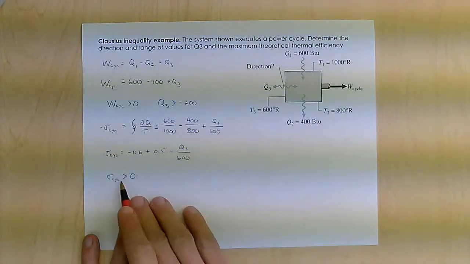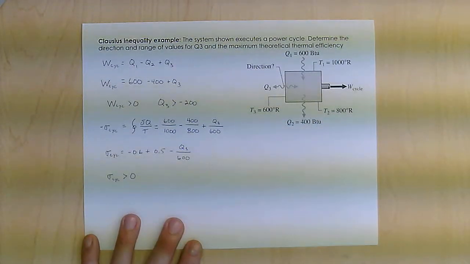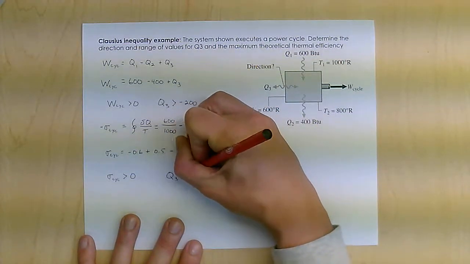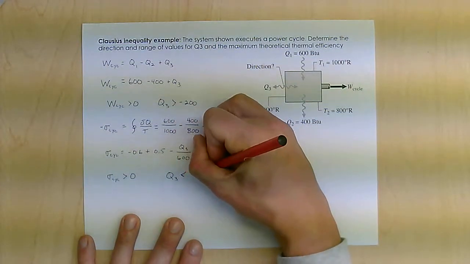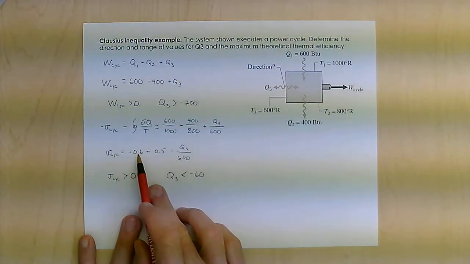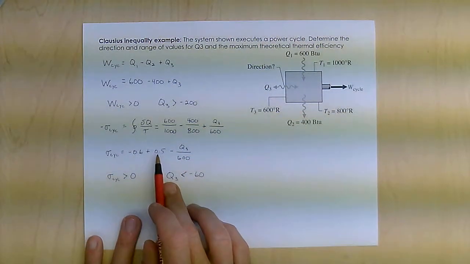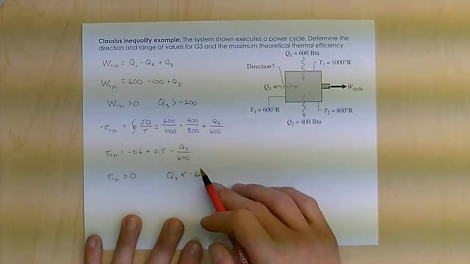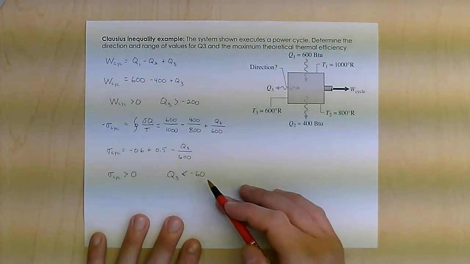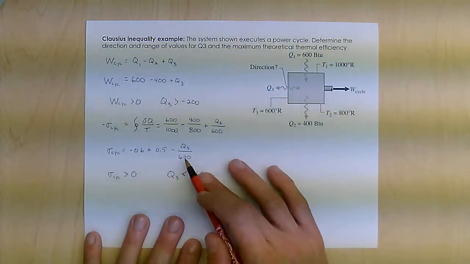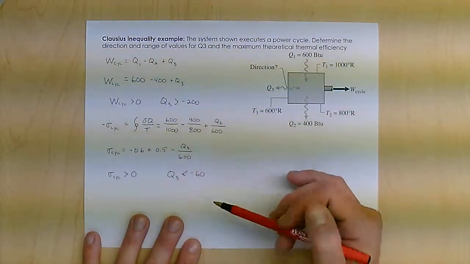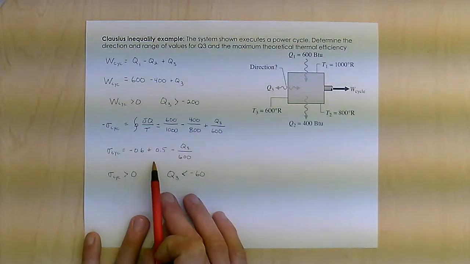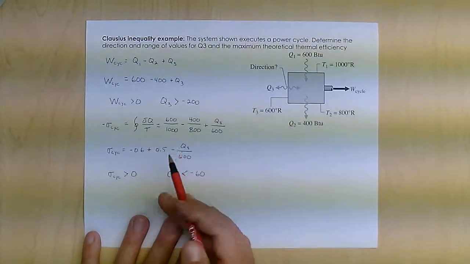For that to be greater than 0, that means Q3 has to be less than negative 60, because this plus this gives me negative 0.1. So I have to add 0.1, so the negative Q3 term gives me that positive 0.1 and gets back to 0. It can be anything smaller than that. If it's negative 600, then I have negative 0.1 plus 1 gives me a positive 0.9.